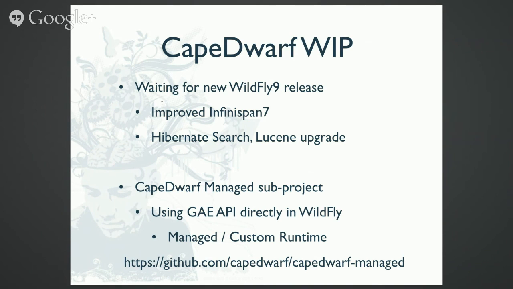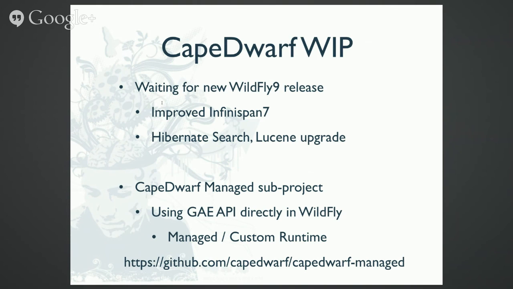The current version is Infinispan 6, but Infinispan 7 will have quite some improvements that we crave, right? A couple of those actually came from our intensive usage of Infinispan, and in order to accommodate the issues that we found, they had to change some of the API. That's why there is a version bump, and we are really looking forward to using Infinispan 7, performance-wise and so on. And also, with that, they're going to bump the Hibernate Search version, which uses the newest Lucene.